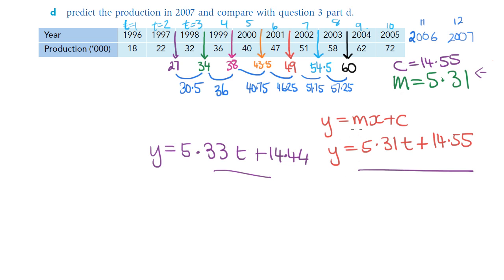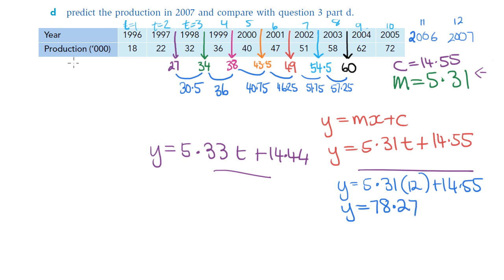So for this equation, which was the 3 median method equation, we have y equals 5.31 times 12 plus 14.55, which gives y equals 78.27. Our production was in thousands, 78,270.